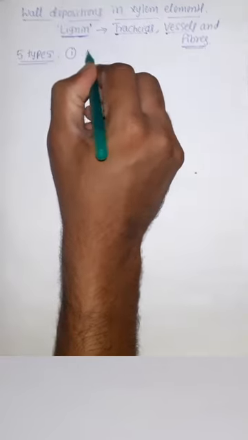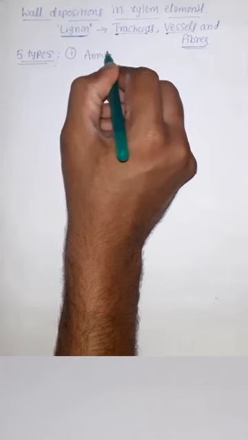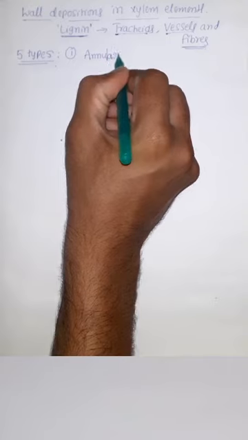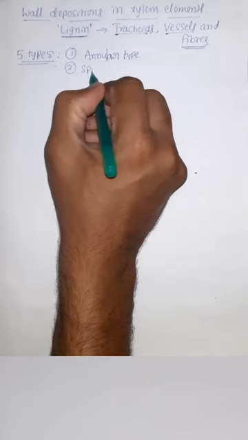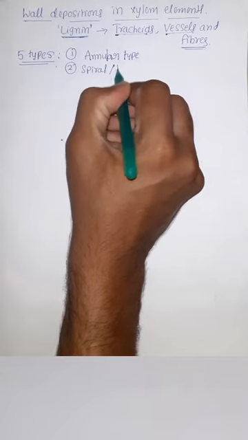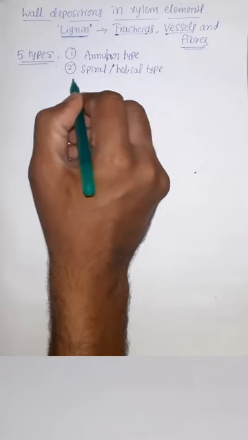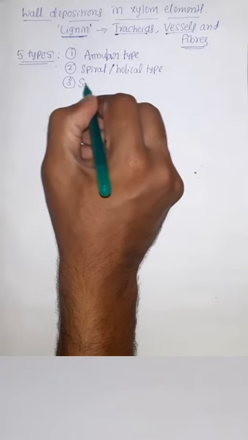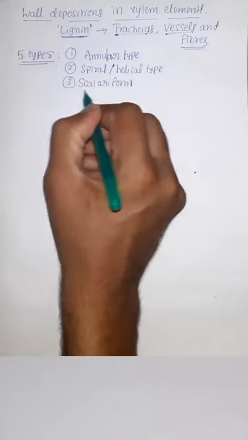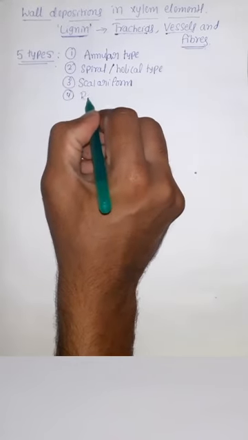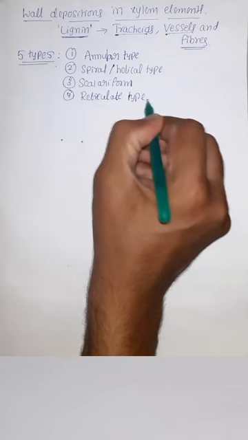They are annular type of wall deposition. Second one is spiral or helical type of lignin wall deposition. Third one is scalariform wall deposition. Fourth one is reticulate type of wall deposition.